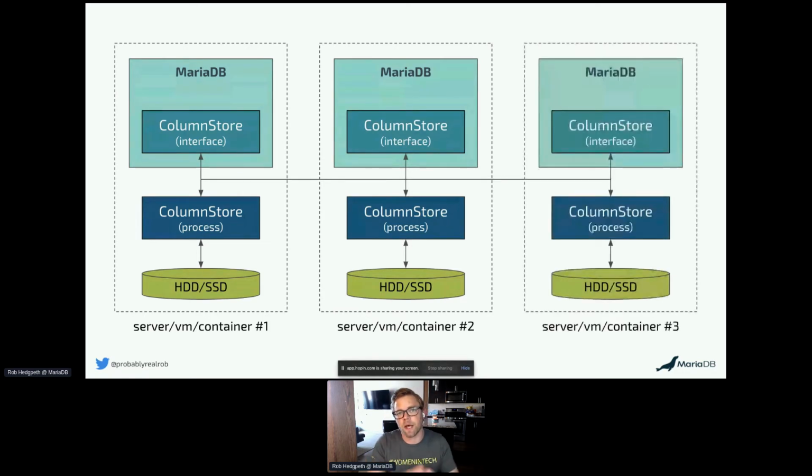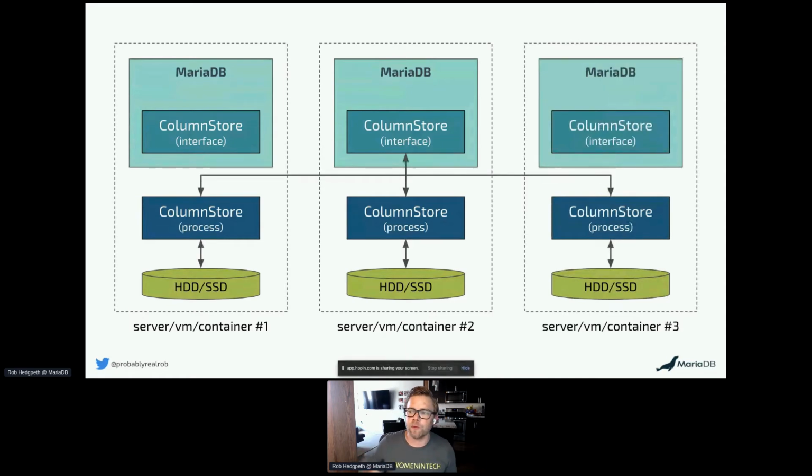You can spin these up as individual instances. That allows you to utilize the ColumnStore interface, which takes the parsed SQL and, as I mentioned before, has the ability to speak to every single one of the ColumnStore processes.